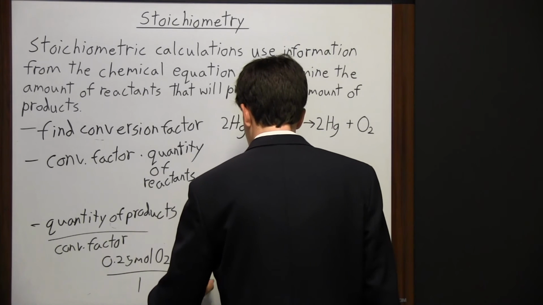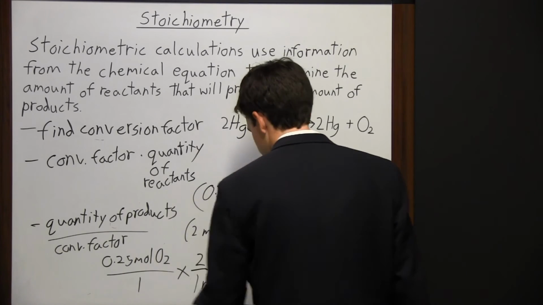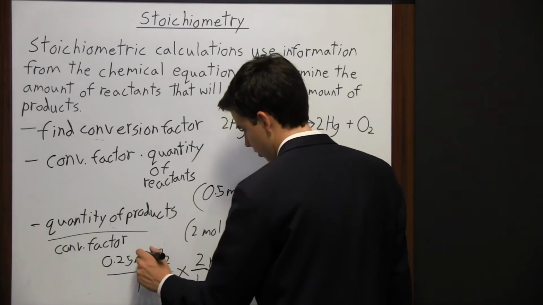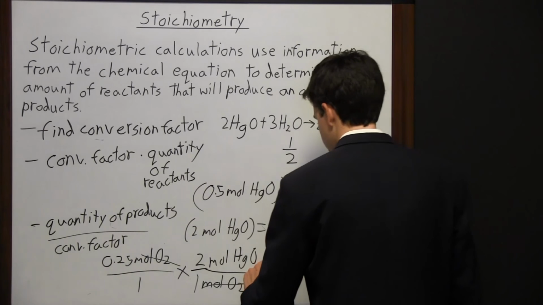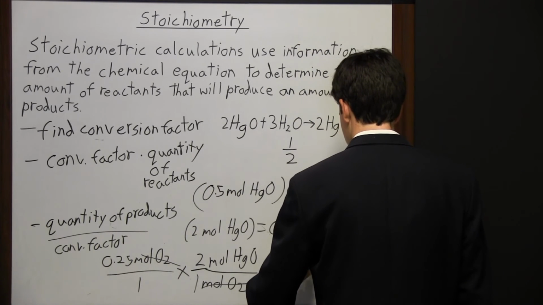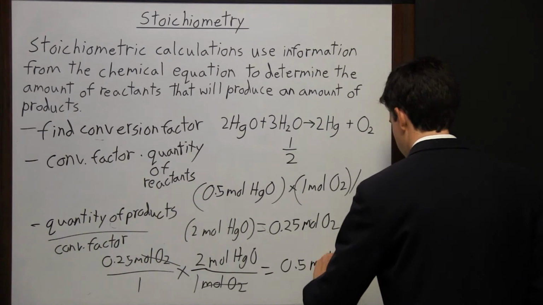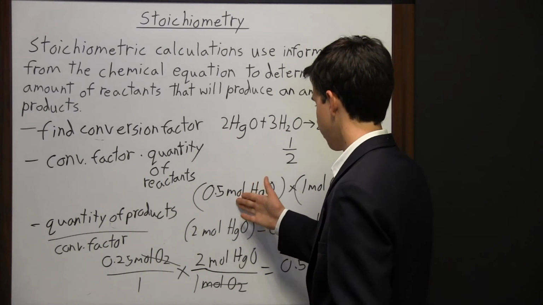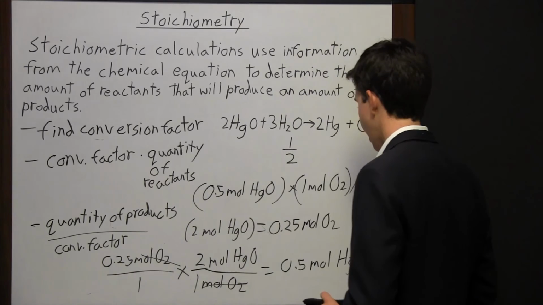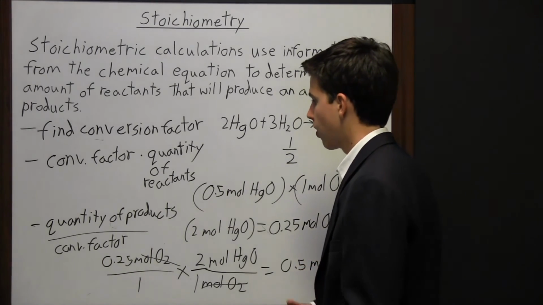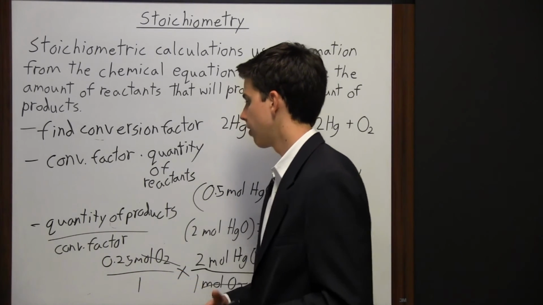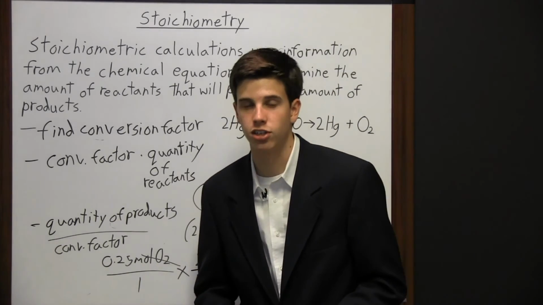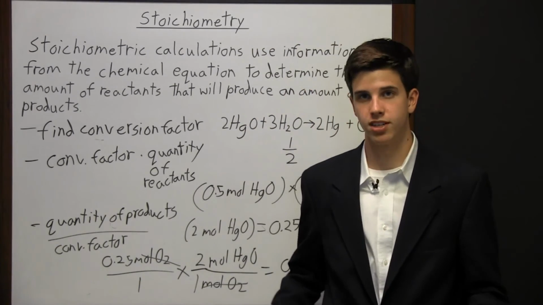And we just need to be sure that we label everything, because now the oxygen molecules are going to cross out. 0.25 times 2 equals 0.5 moles of mercury oxide, which we know that's correct because we were told at the beginning of the problem that that's how many moles we had. So that's how you can use the quantity of products or the quantity of reactants along with the conversion factor to find whatever is missing.